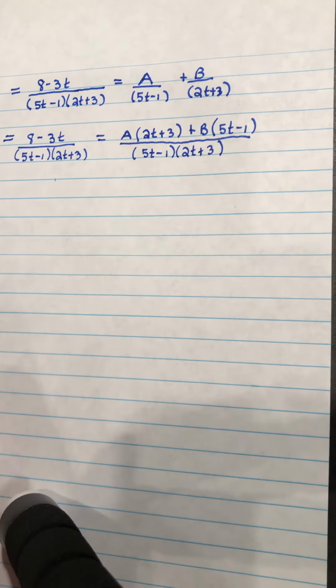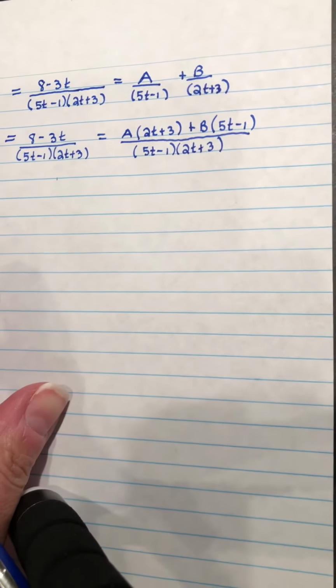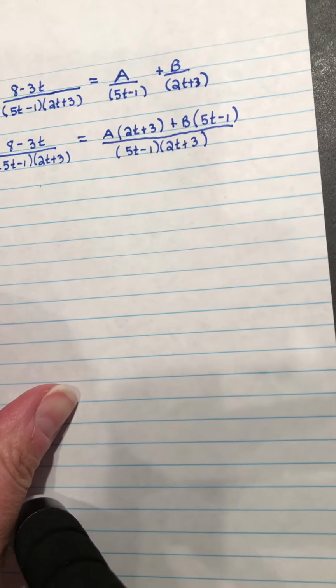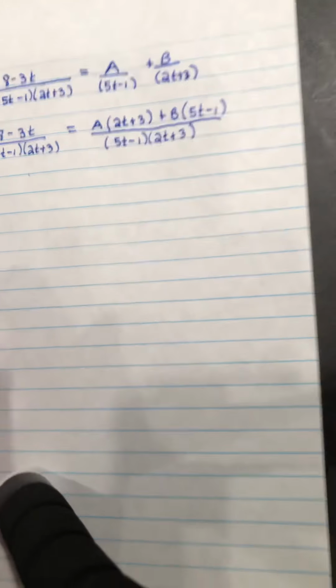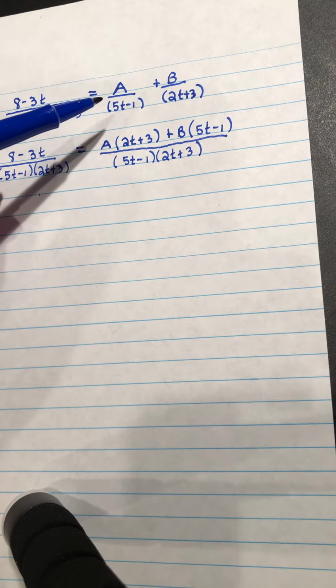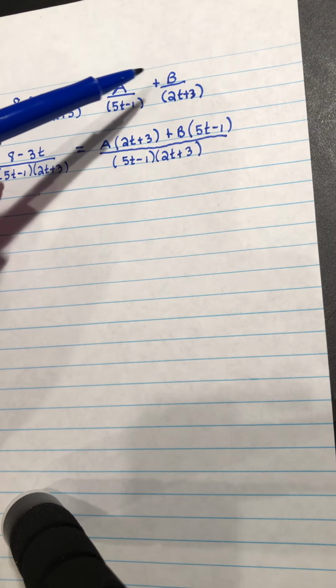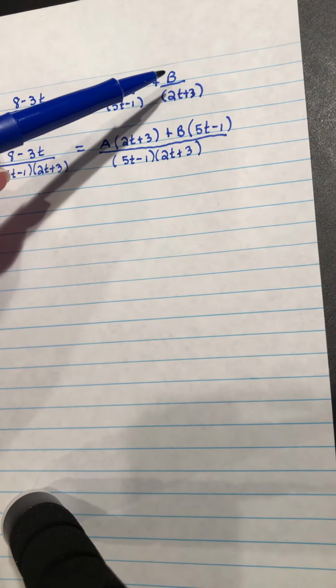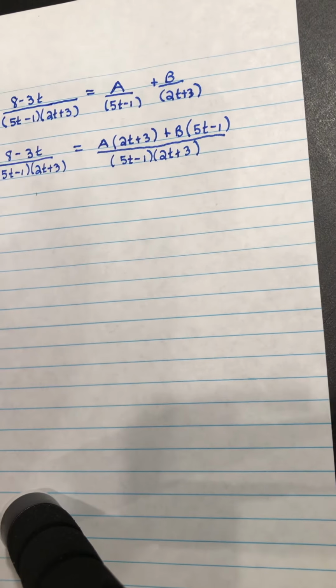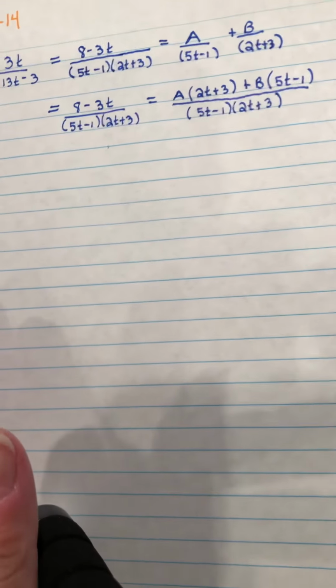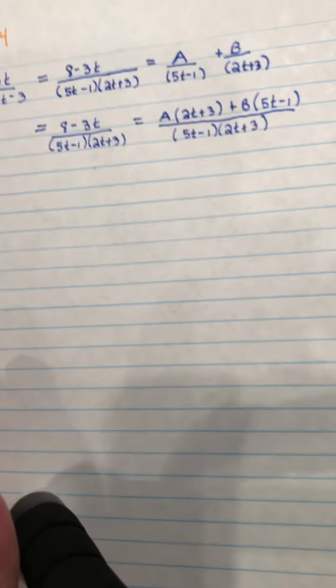Okay, so I encourage you to pause the video if you have any questions at all about how this works. You're going to multiply essentially the first fraction by the fancy one of 2t plus 3 over 2t plus 3, the second fraction by the fancy one of 5t minus 1 over 5t minus 1. And now you'll see we have our proportion.